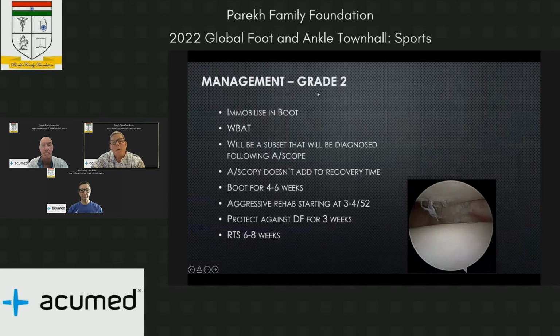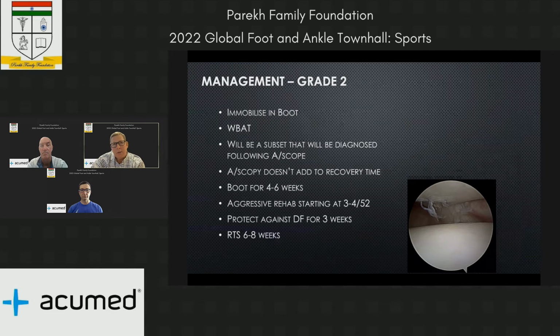Grade 2 for me is that old West Point grading system, essentially the anterior and interosseous components. The importance of mentioning these is that there's going to be a crossover with the criteria I'm using as to whether or not to arthroscope them.